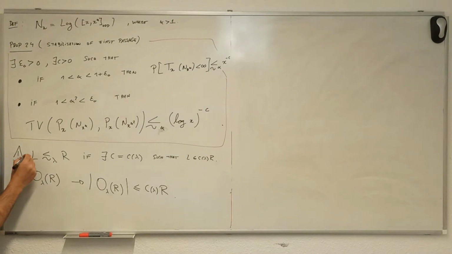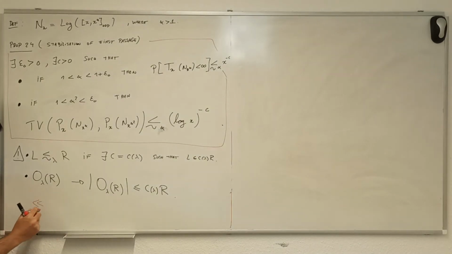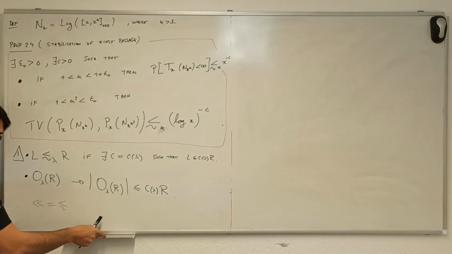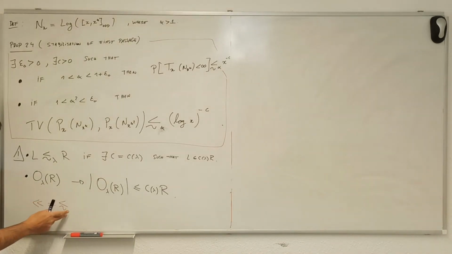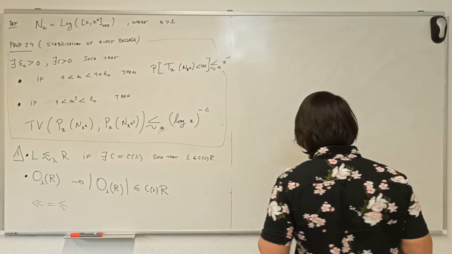Okay, so that's the notation I'll be using. Tao is using this symbol here in Tao's paper, which is equal to this symbol here that I'm using. It's just a matter of taste. I usually use that, and I don't want to change that.